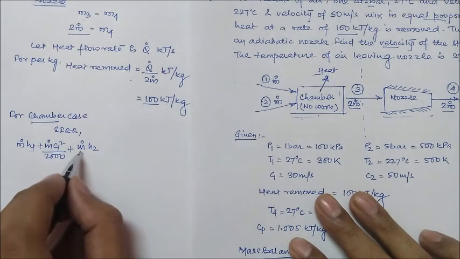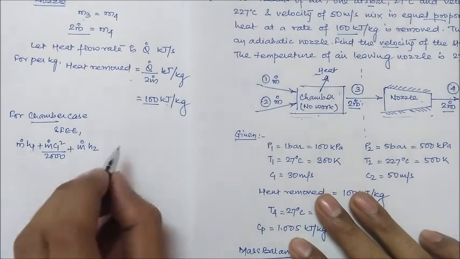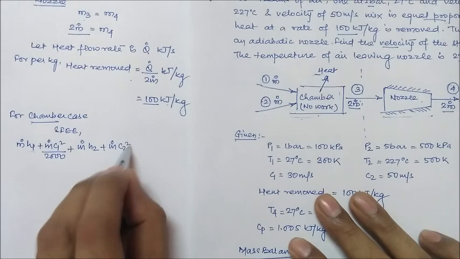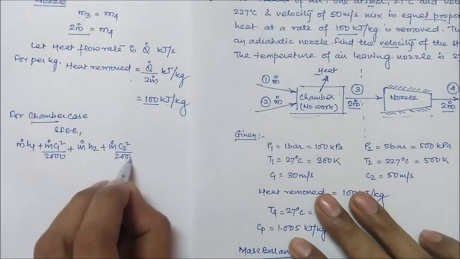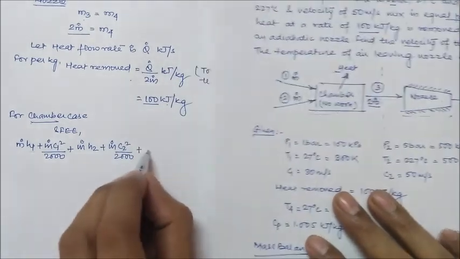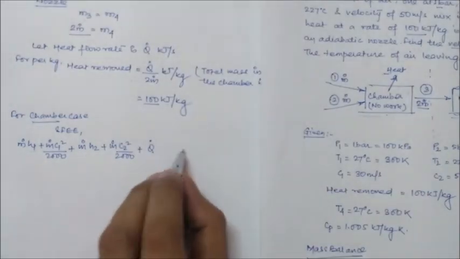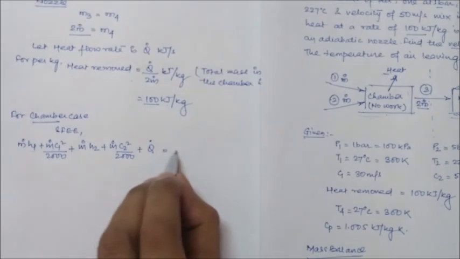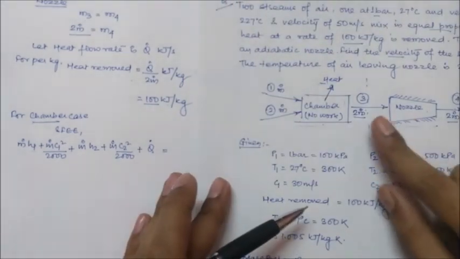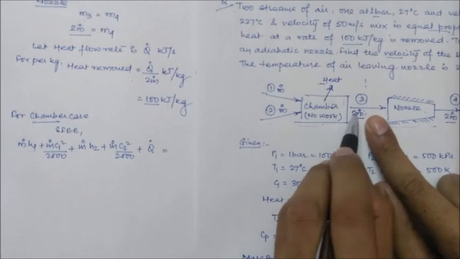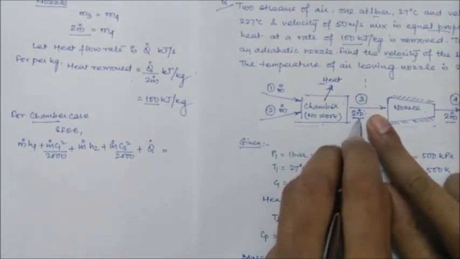And for condition 2 it's m dot h2 plus m dot c2 square by 2000, and the heat removal rate is Q dot, is equal to, on the right hand side the total mass flow rate is 2 m dot, right?